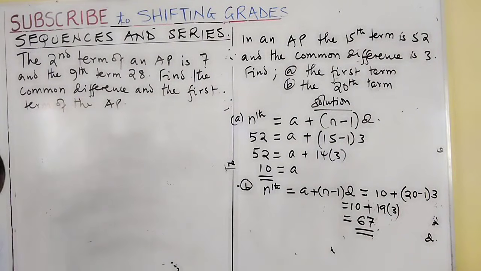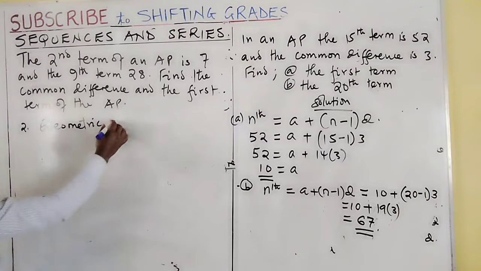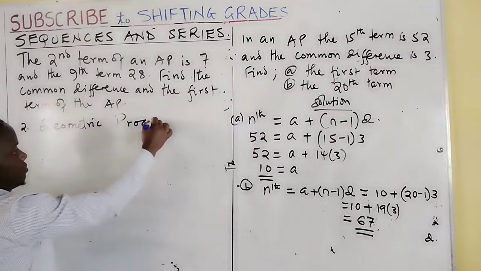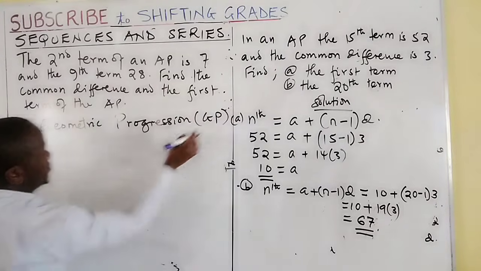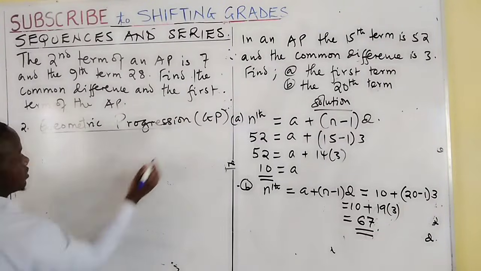So that is it about arithmetic progressions. Now we can shift to part 2, geometric progression, said to be GP.